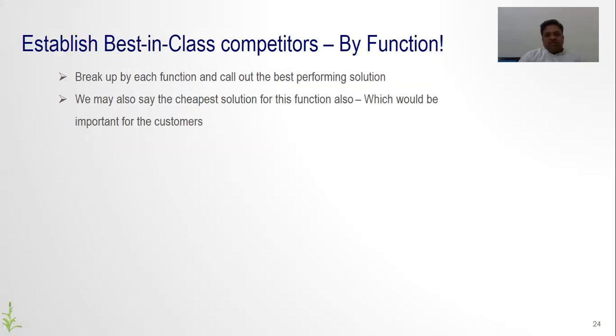Establish best-in-class competitors by function. Break up by each function and call out the best performing solution. We may also say the cheapest solution for this function, which would be important for the customer.